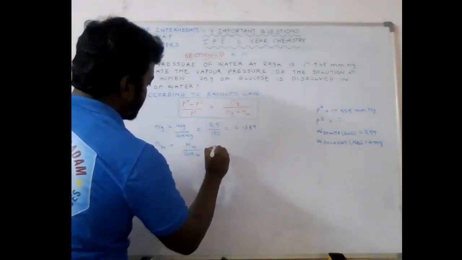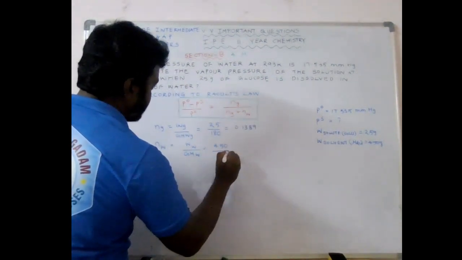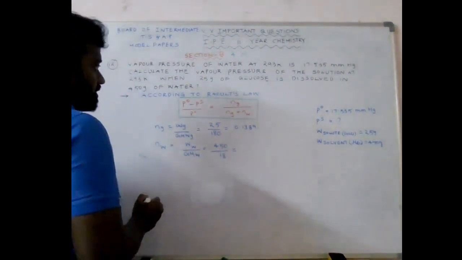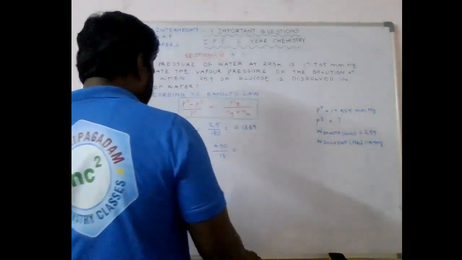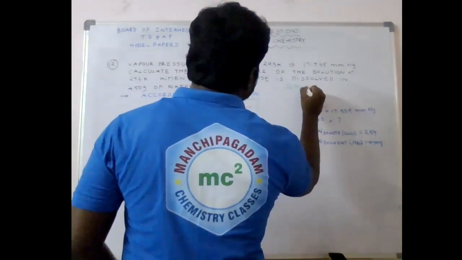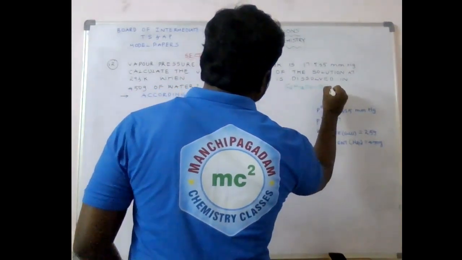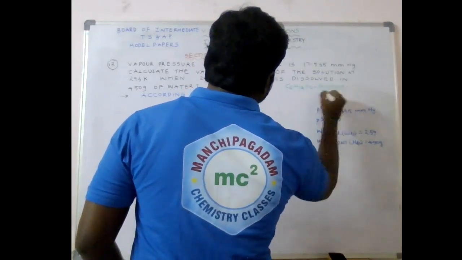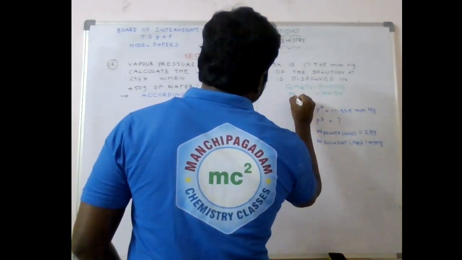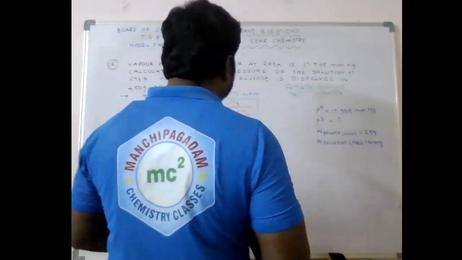Number of moles of water is equal to weight of water by gram molecular weight of water. Weight of water given, how much? 450, by gram molecular weight of water, which is 18. You remember that glucose is C6H12O6, and water is H2O.